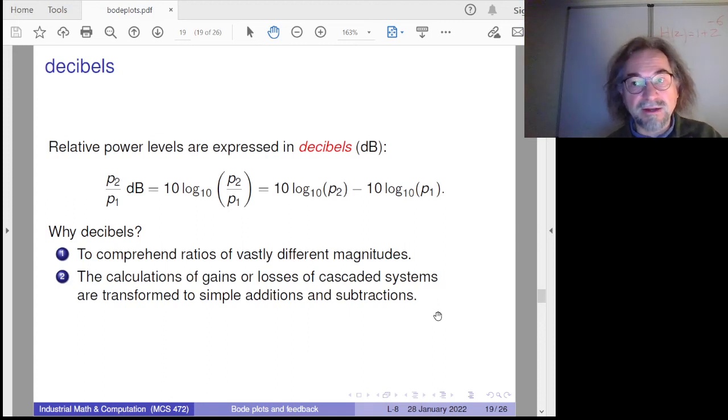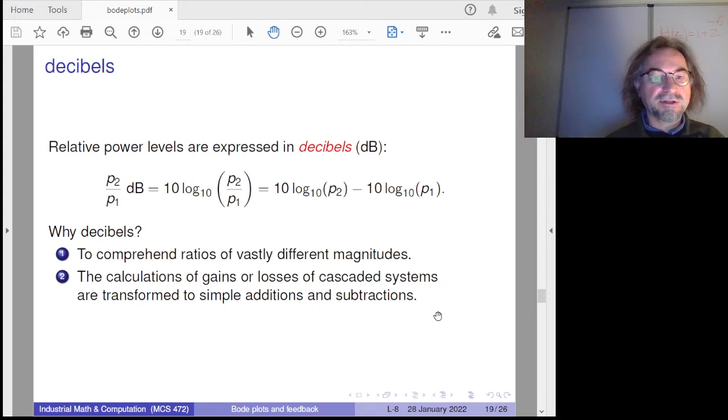In some sense, you can compare this to when we go from the time domain to the frequency domain. Also, decibels make the computation of gains and losses of cascaded systems easier. That's when we put several filters next to each other. Then the gains and losses are expressed as additions or subtractions in case of loss.